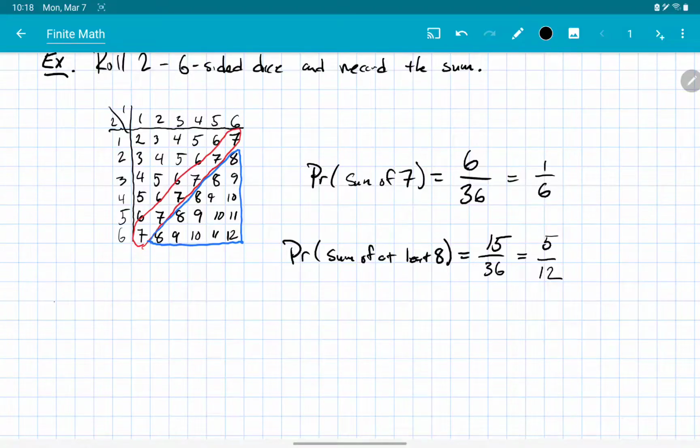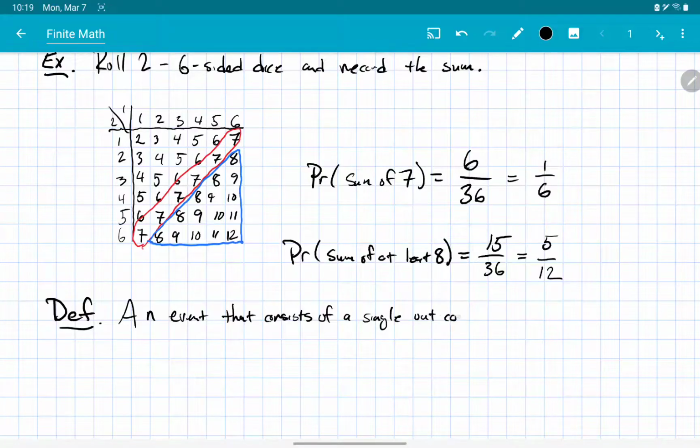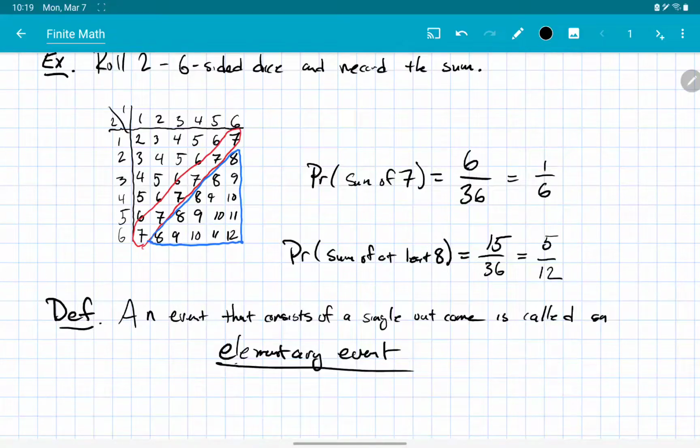Another definition, though this one's not very important: an event that consists of a single outcome is called an elementary event.